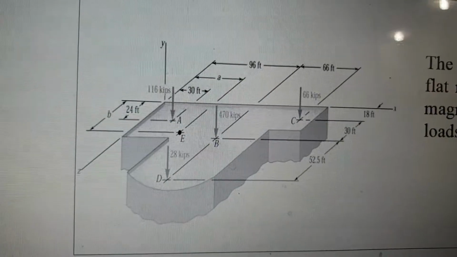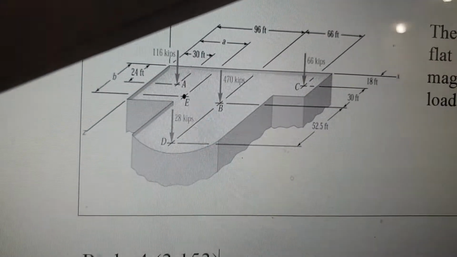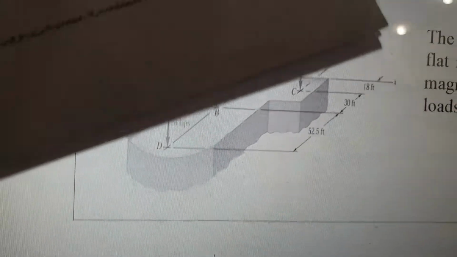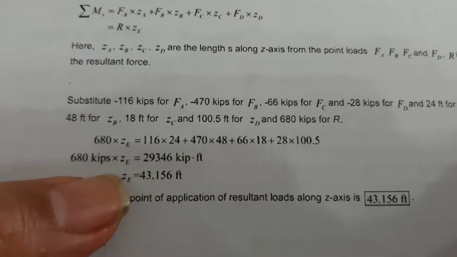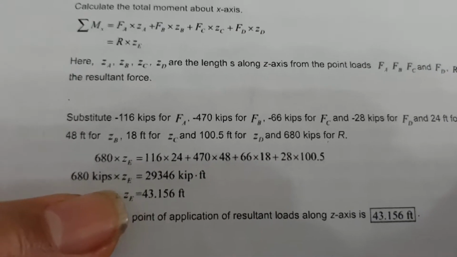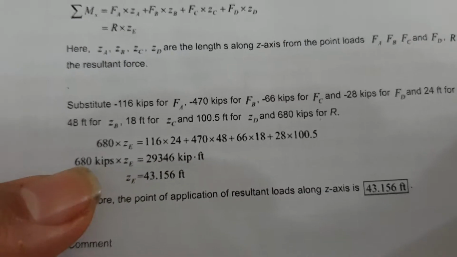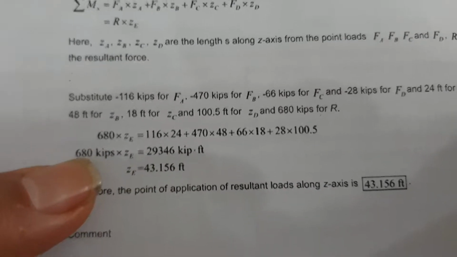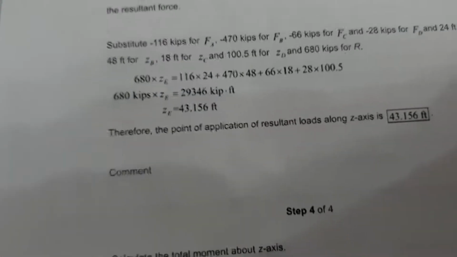Later on, now we want to find out the location. Where is the location? So let's look at the z-axis. So we should find out the location of this resultant on the z-axis. Now, remember, it's 680, that's a total, times the location z.